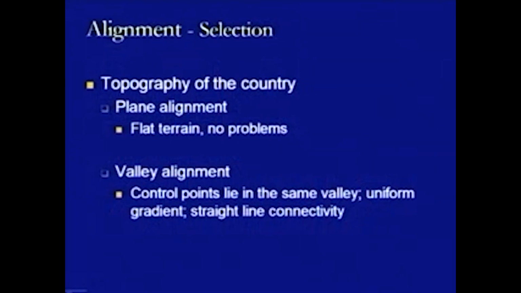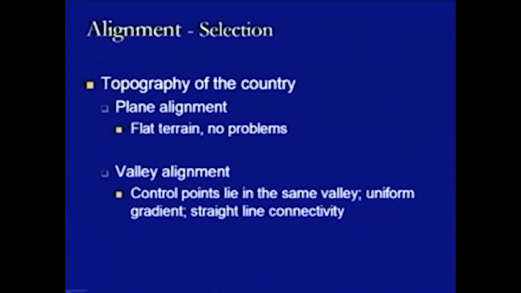The another type of alignment is termed as valley alignment. Now, in the case of valley alignment, the control points or the section through which the rolling stock is moving lie on the same side of that valley, and this is the valley alignment.